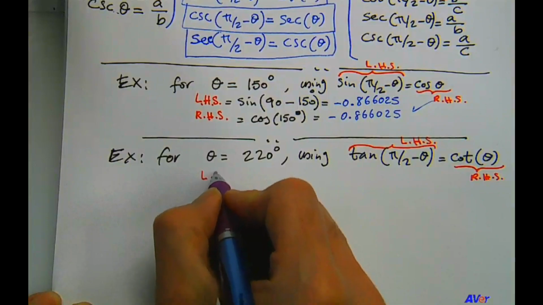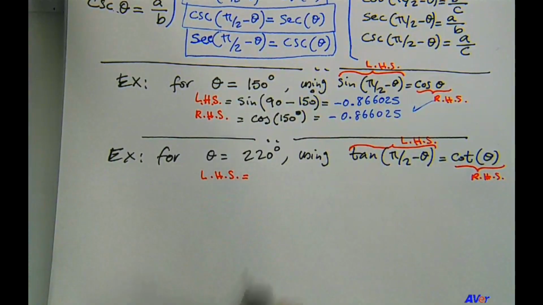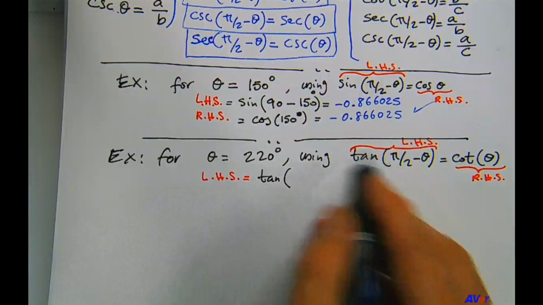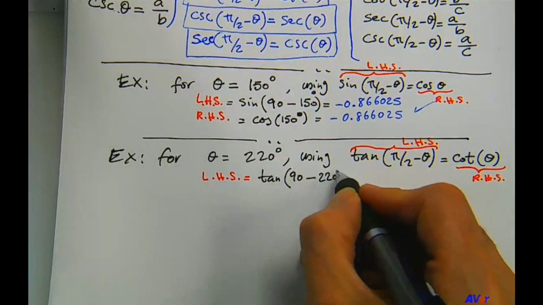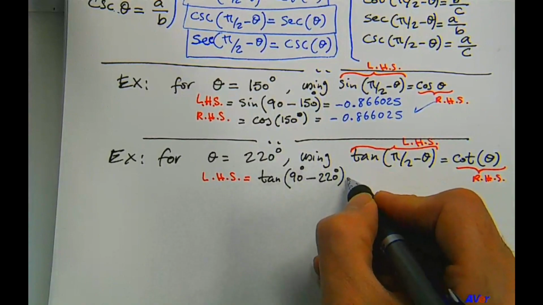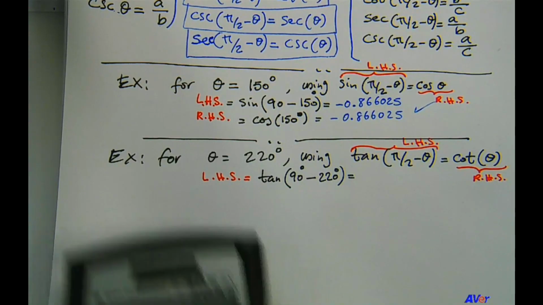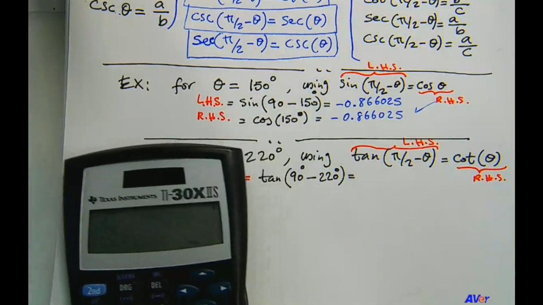Let's do that. Left-hand side is equal to, we're testing this, so tangent of 90 degrees minus 220 degrees, right? Like that. So 90 minus 220 is minus 130 degrees, right? So let's calculate tangent of minus 130 degrees.